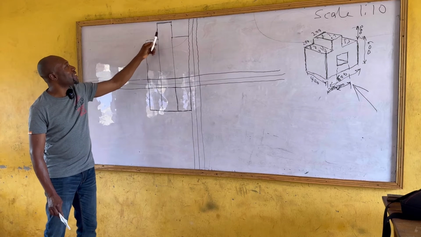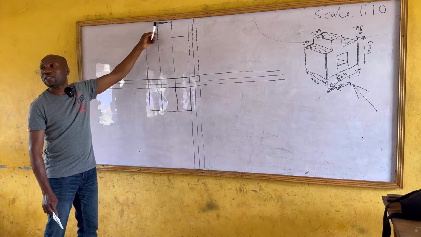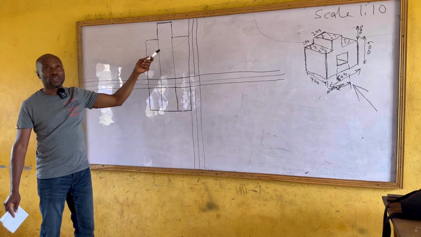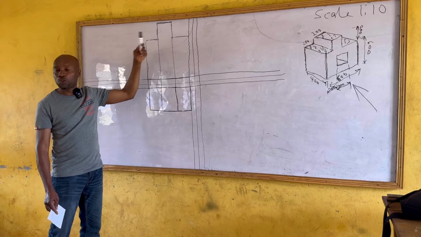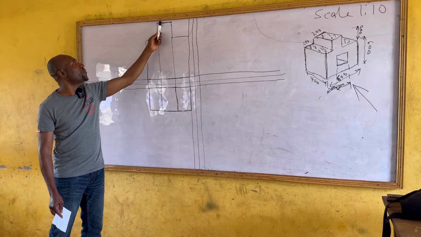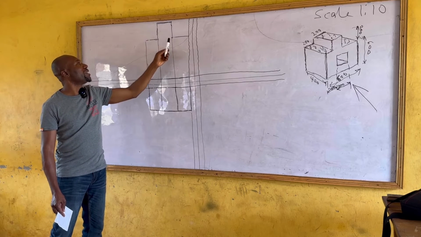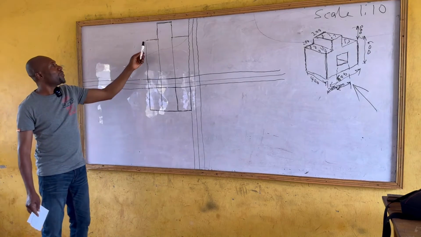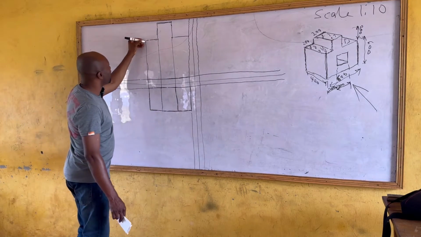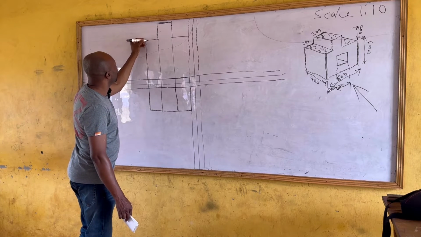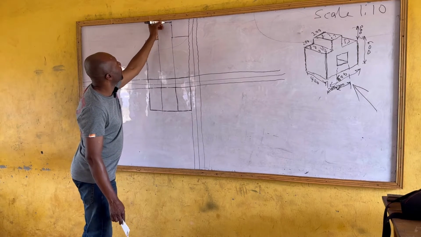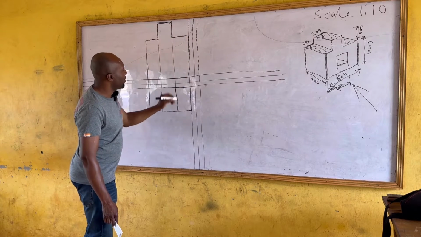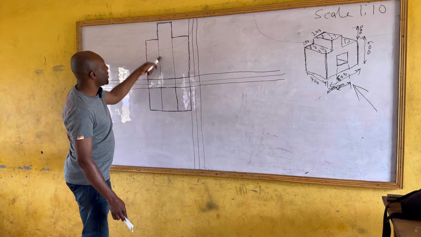So it goes like this. So from here you measure your 200 millimeters, or with a scale of 1 to 10, that's 20 millimeters or 2 centimeters. Then you measure 2 centimeters. Then with your T-square and your set square, you draw these lines. So after this, you just join these with your T-square and your set square. All these are faint lines.